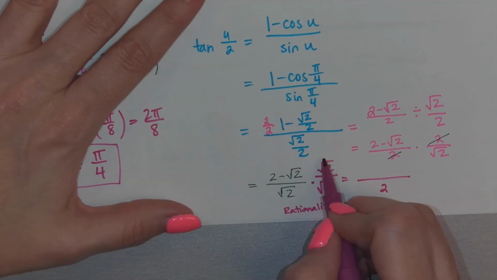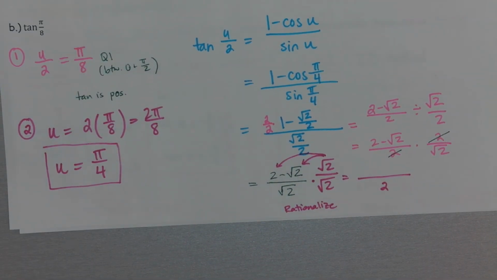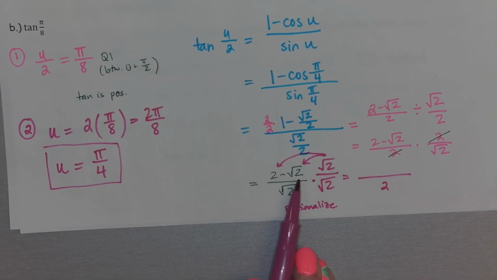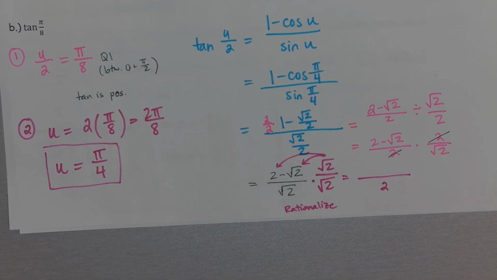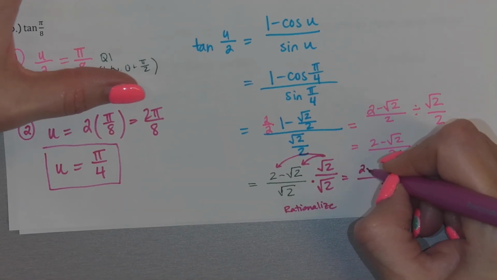And then can you guys distribute to find the numerator for me? So multiply by root 2 each one. And then, yep, Ilaria, will you tell me what you got for that numerator? 2 times, like, square root 2.